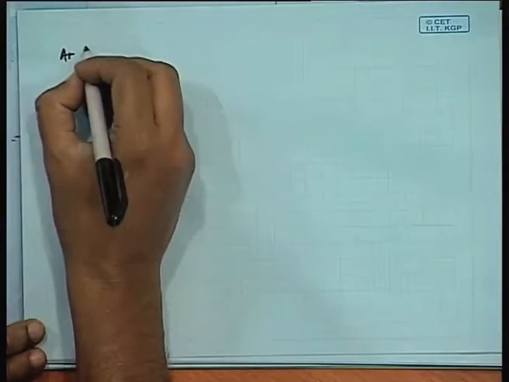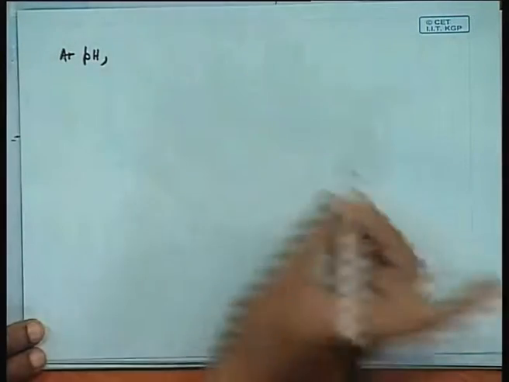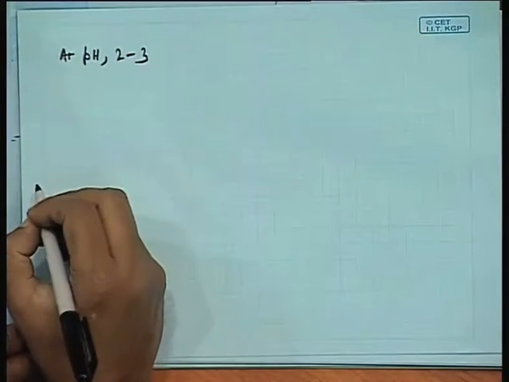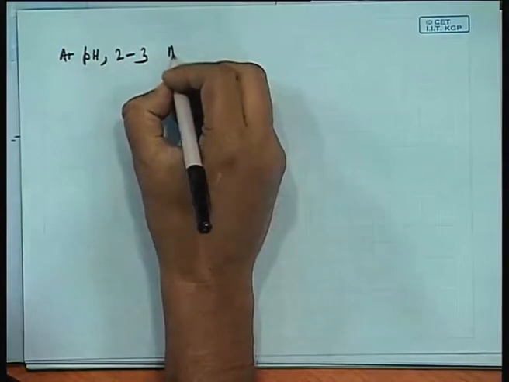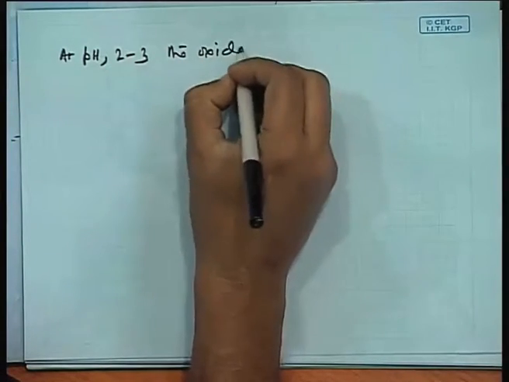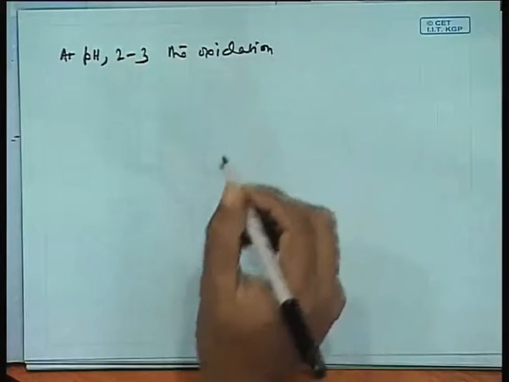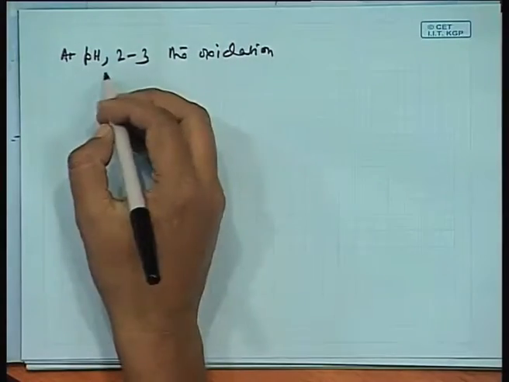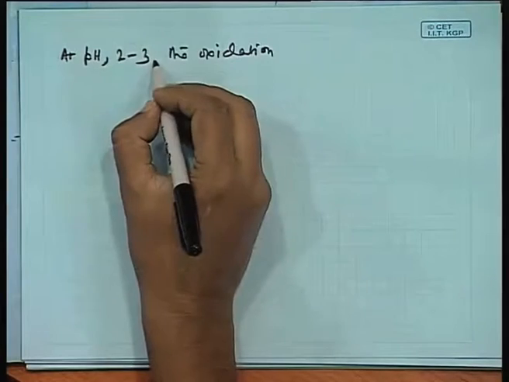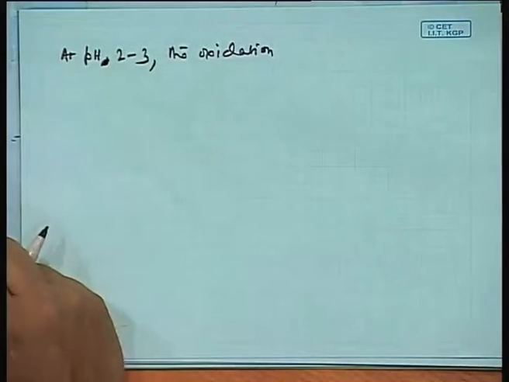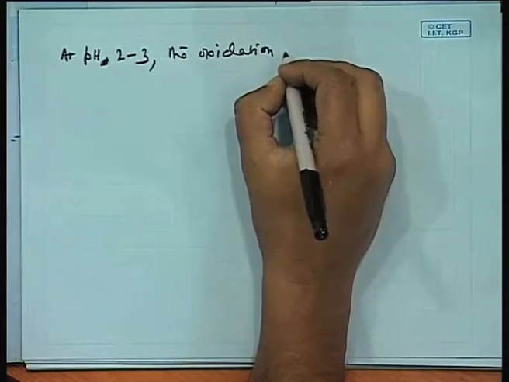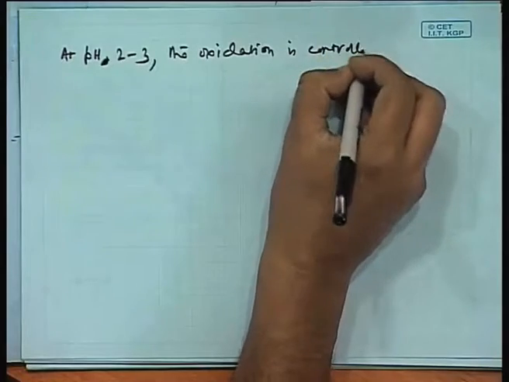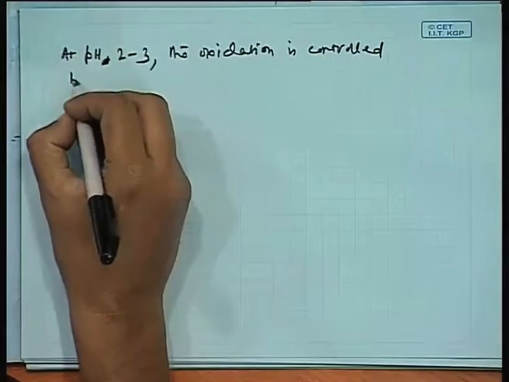At pH between 2 to 3, the oxidation from ferrous to ferric form is controlled by bacterial action.